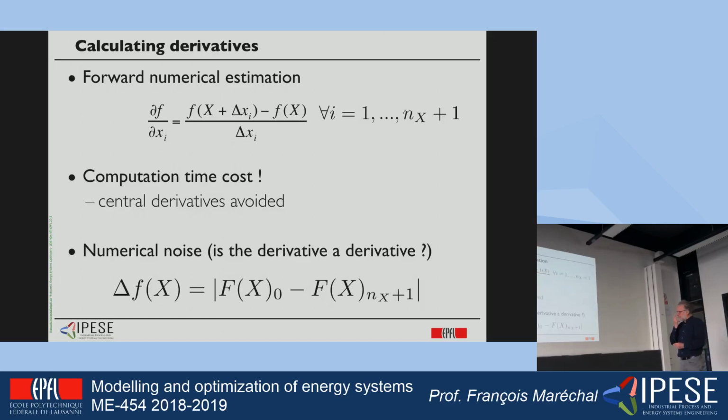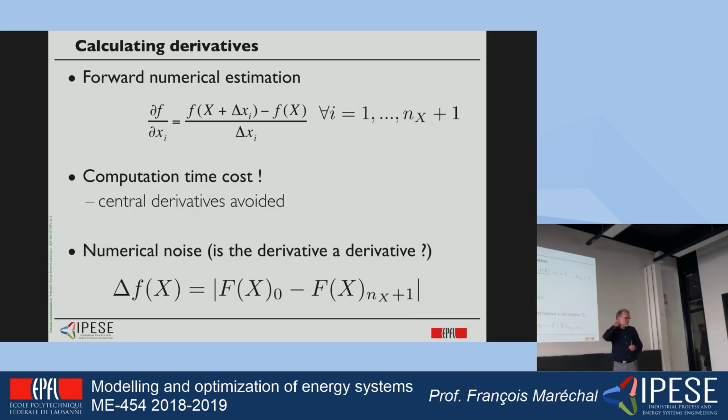And if the functions are complex and include iterative processes, because nothing is telling us that during the calculations we have not also solved a sub-problem which is using iterations, it makes sense also to test the numerical noise.